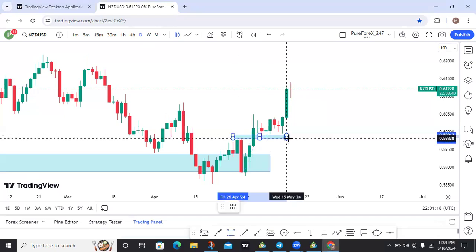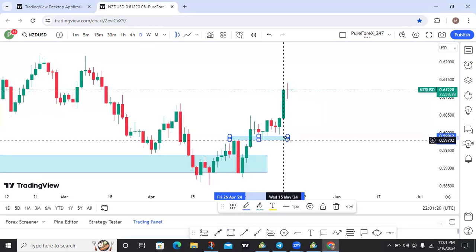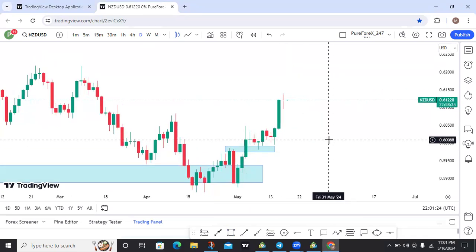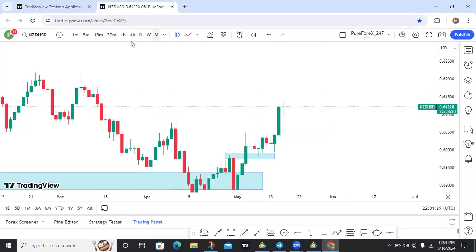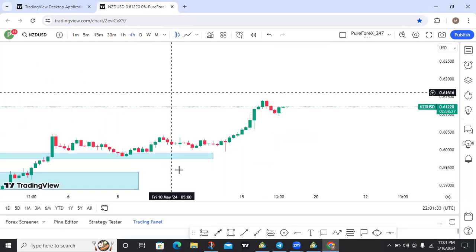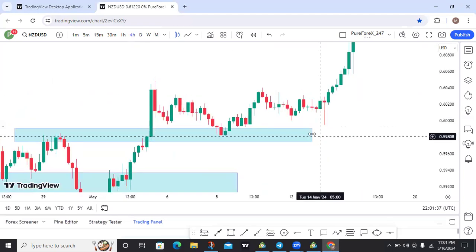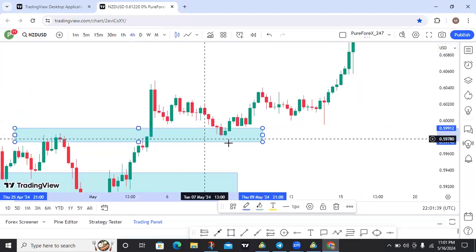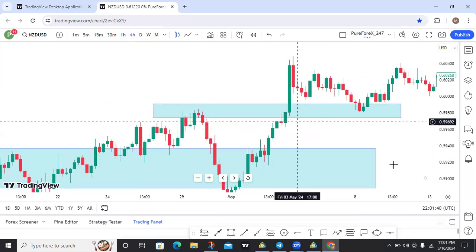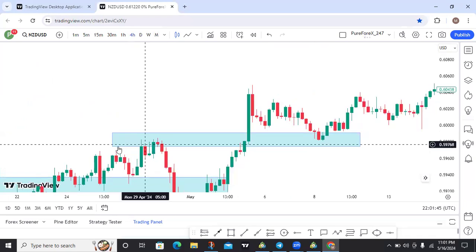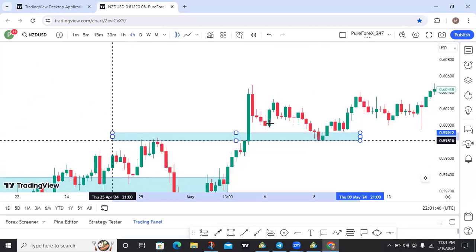You know, we don't enter from here. Here would have been a huge opportunity on the lower time frame for you to buy. So when you go to the H4 time frame, you will see that the market, if we are using the zone of sensitivity, you would have marked this as your zone of sensitivity.